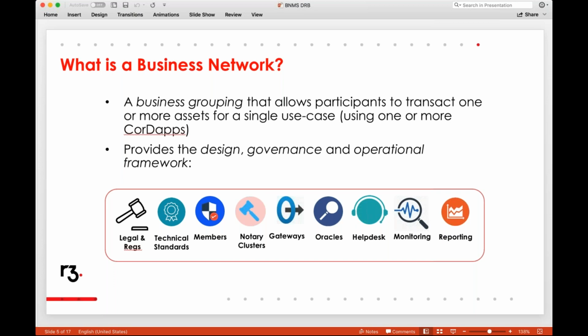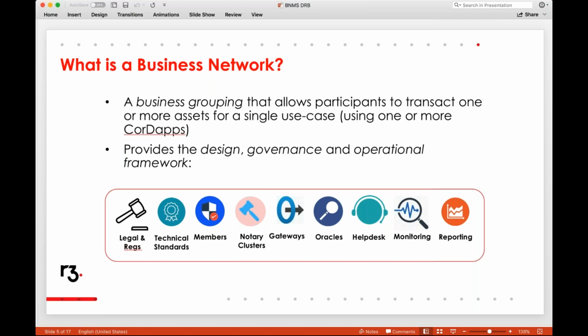So while the compatibility zone defines the technical standards for the nodes to be able to talk to each other, the business networks define how the nodes transact with each other. So what type of assets they can trade with each other, what are the rules around that, what are the operational aspects of the network, how are memberships managed, and so on.